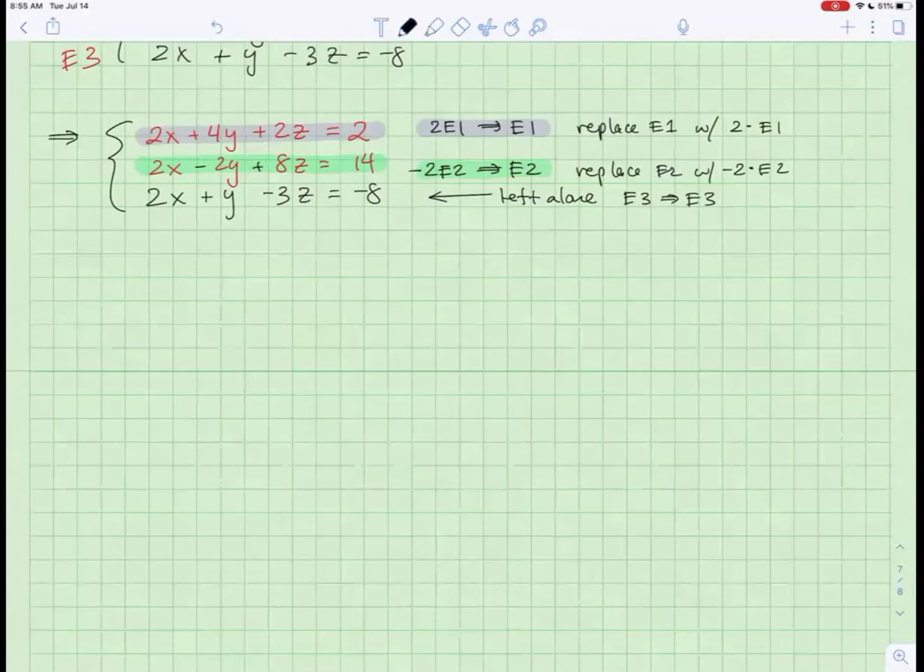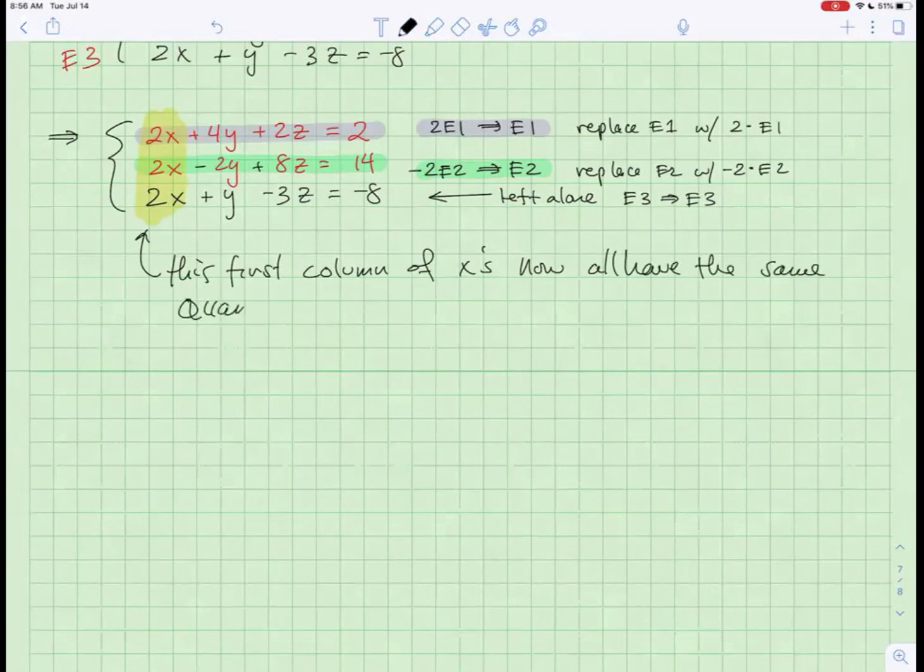Now, the idea is this. This first column of x's now all have the same quantity of x's.